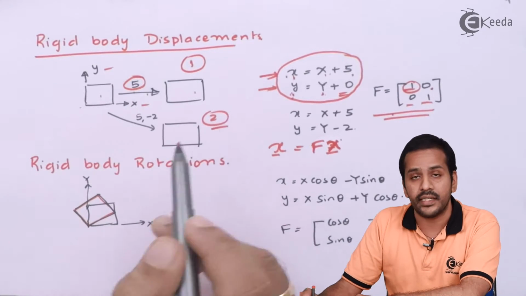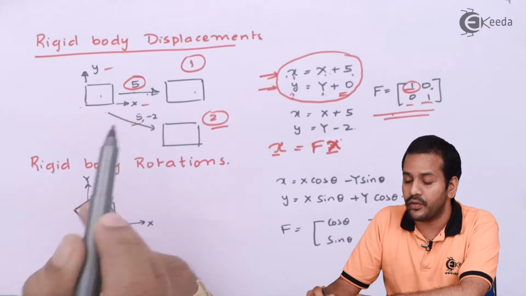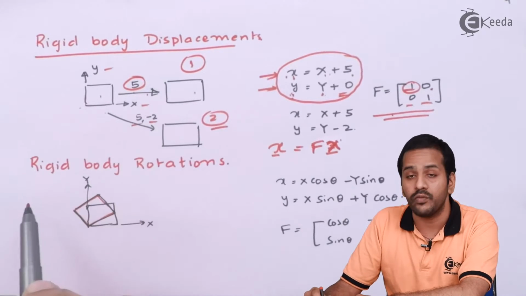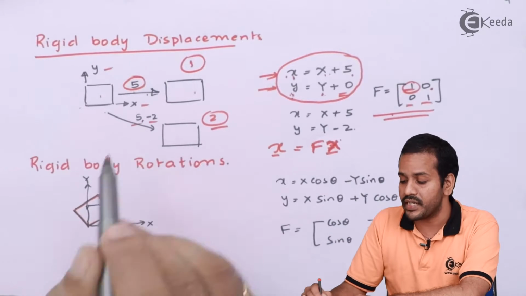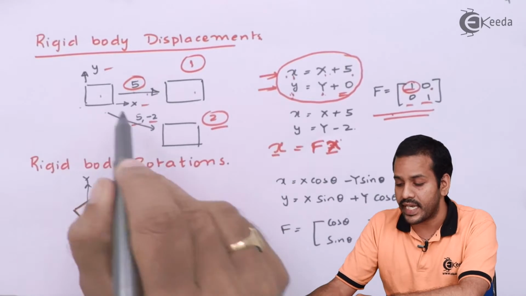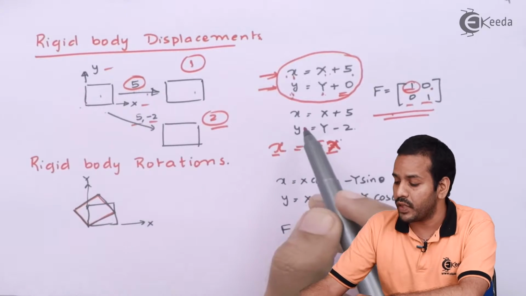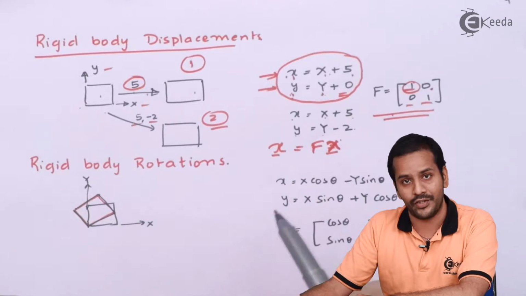In the second instance, the x has been translated by 5 units and y has been translated by minus 2 units. That is, it came down. Now, the mapping for this second instance of translation will be small x is equal to capital X plus 5 and small y is equal to capital Y minus 2.